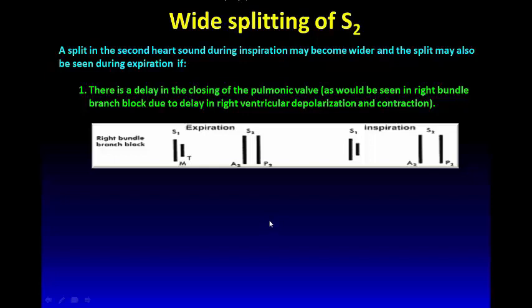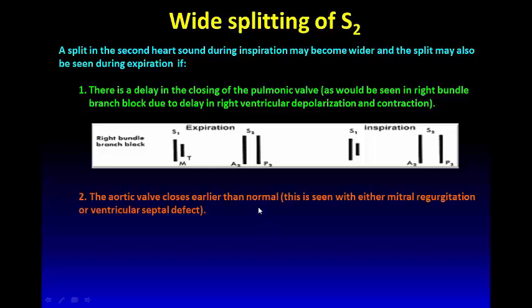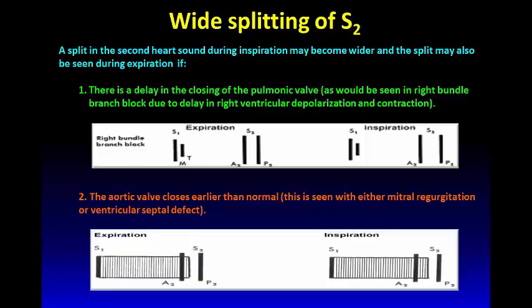Wide splitting of S2 is also seen and heard in cases of mitral regurgitation or ventricular septal defect, because in these cases the aortic valve closes earlier than normal, resulting in wide splitting of S2. So here we have a case of mitral regurgitation.